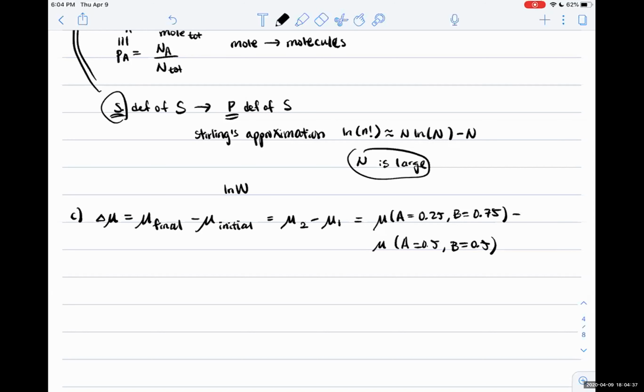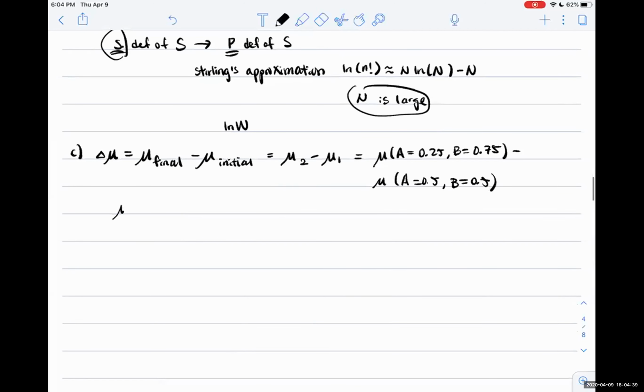And then from the lectures, we define the chemical potentials to be... so having these three parameters being constant, we are looking at the change of delta G over change of number of molecules.